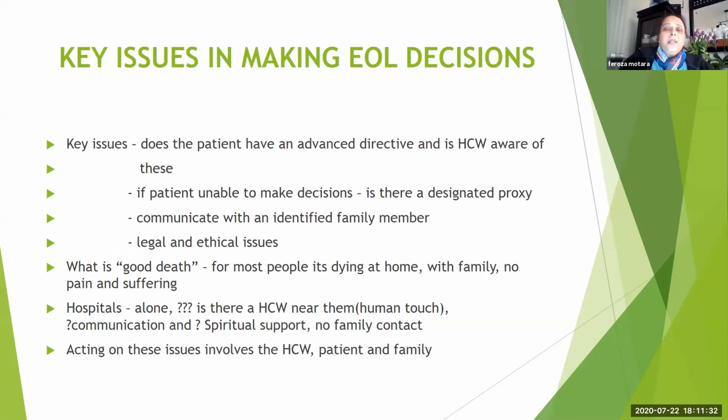Is there someone who has been appointed by a court of law to act on that patient's behalf and in their best interests? Obviously, we need to communicate with an identified member of the family if the patient is unable to make those decisions. And there are important legal and ethical issues, and we'll talk a bit about those later in the talk.